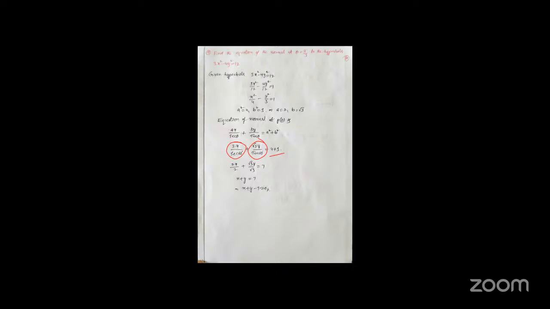So by cancellation, we get x plus y equal to 7, which is the equation of the normal at theta equal to pi by 3. That is x plus y minus 7 equal to 0.